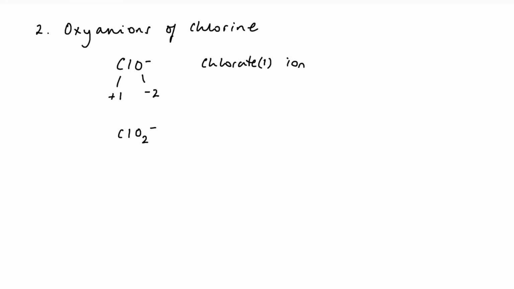We have got the chlorate 5 ion and the chlorate 7 ion. And once again, the 3, the 5, the 7 refer to the oxidation state of chlorine in each of these ions. We see a similar thing with bromine, bromate 1, bromate 3, bromate 5, and with iodine, iodate.